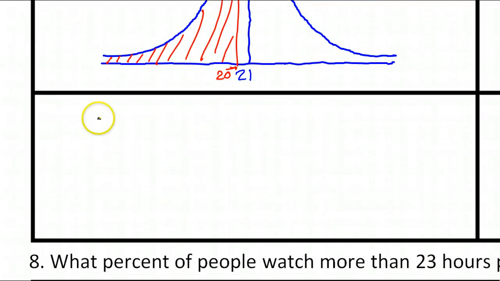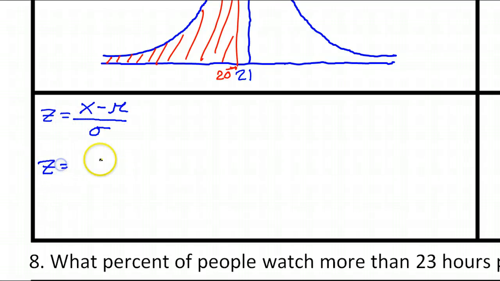Now we will use z-scores to find the percentages, and we will do that by using our little z-score formula. Alright, we know that the z-score is the value minus the mean divided by the standard deviation. So that means our z-score is going to be 20 minus 21 divided by 1.5.